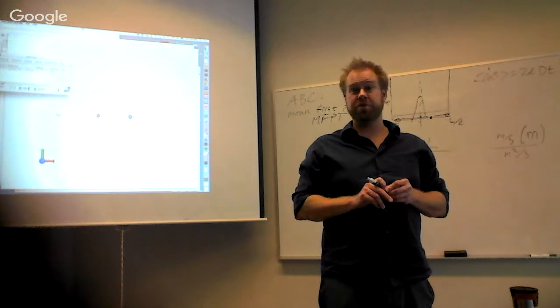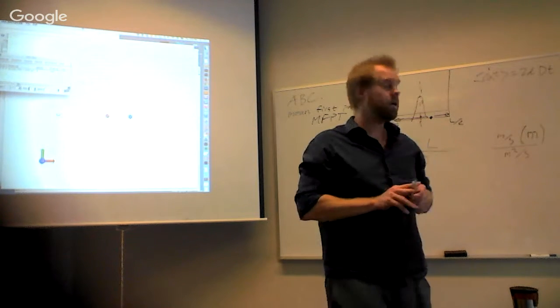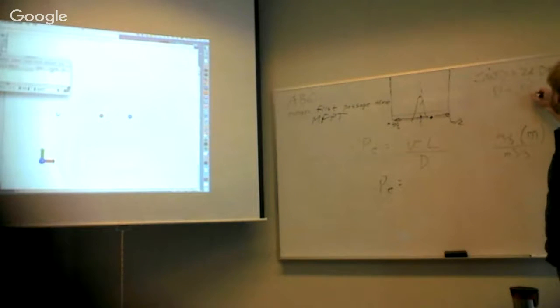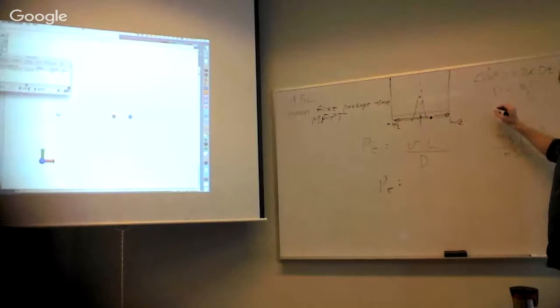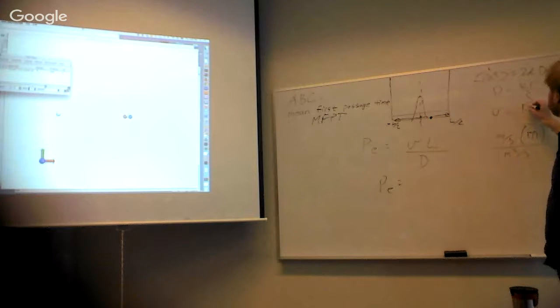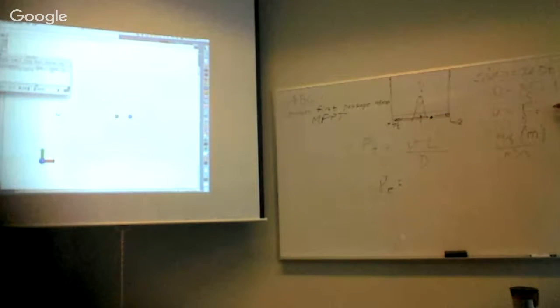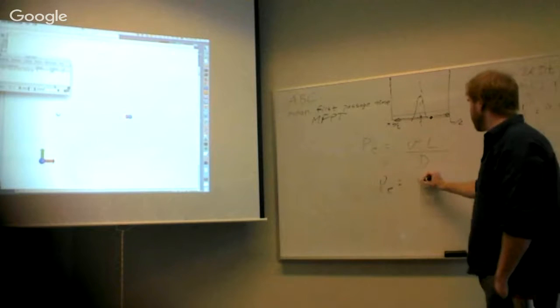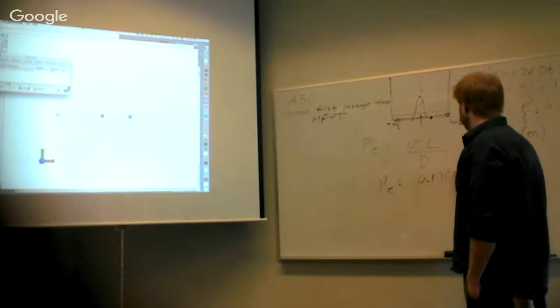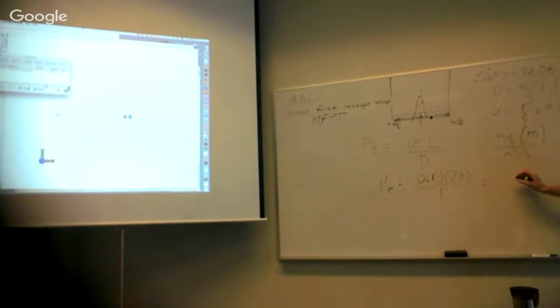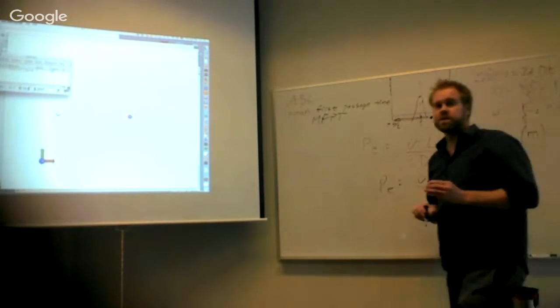So it actually looks pretty drifty. Okay. And so if we calculate our Peclet number, D is equal to kT over zeta, right? And the drift velocity is equal to the force over zeta. So D is 1, and the drift velocity is 0.1. So the Peclet number is 0.1 multiplied by 20 over 1. Okay, so it's 2. The drift is slightly dominant.